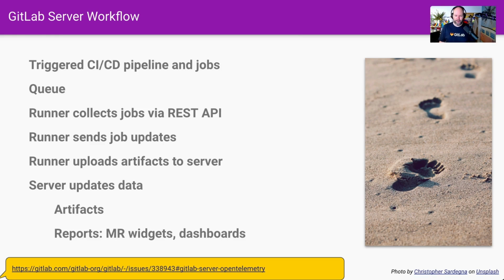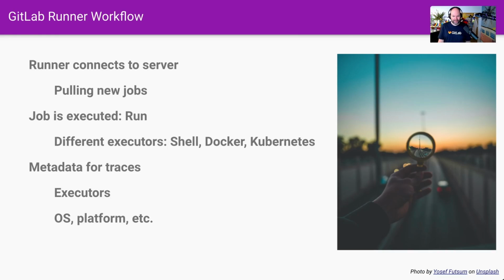and this didn't sound right for getting started with a minimal change. On the other side, looking at the runner, it is a standalone binary. It connects to the server and collects jobs. This is something we can potentially simulate with just GitLab.com and executing jobs. When the job is executed, like the run action, we have different executors.